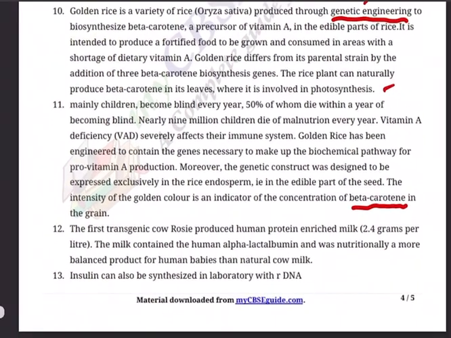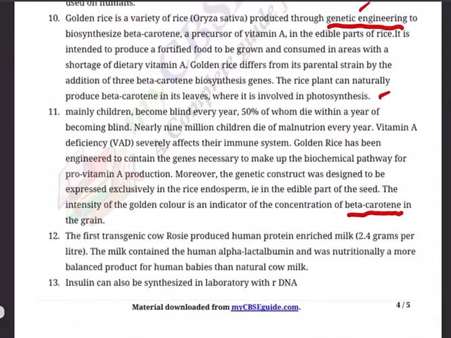Question number 11. Many children become blind every year, 50% of whom die within a year of becoming blind. Nearly 9 million children die of malnutrition every year. Very unfortunate. Vitamin A deficiency severely affects their immune system.